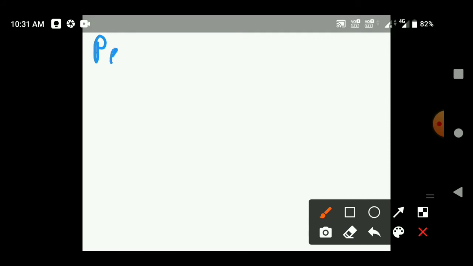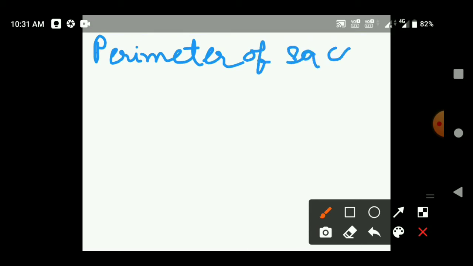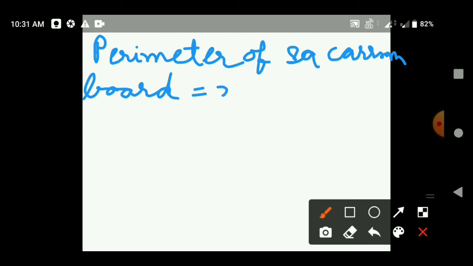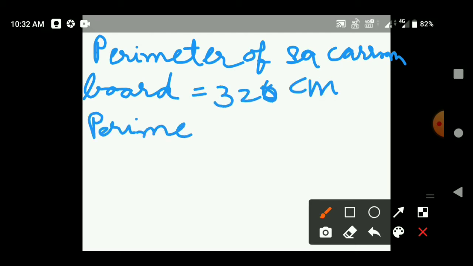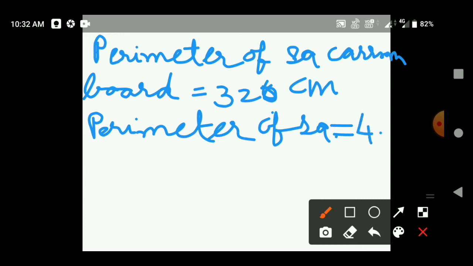So perimeter of square carom board is equal to 320 centimeter. Perimeter of square is equal to 4 into L, means 4 into length. Here perimeter is given 320 centimeter is equal to 4L.